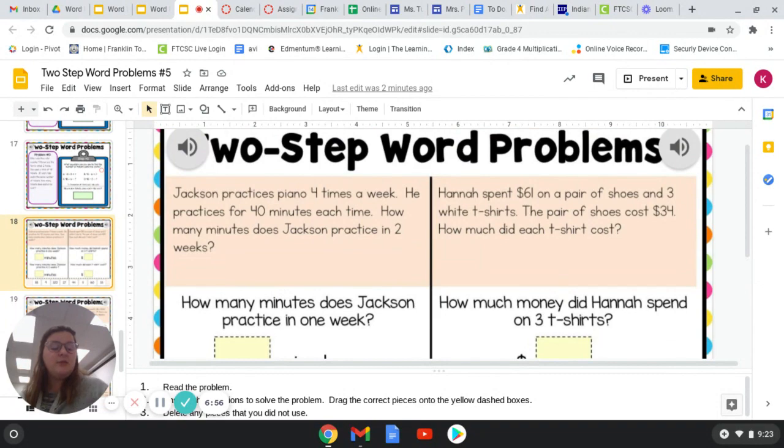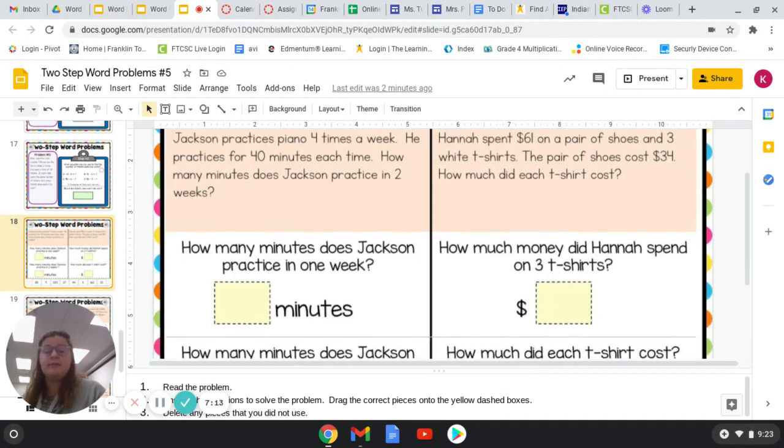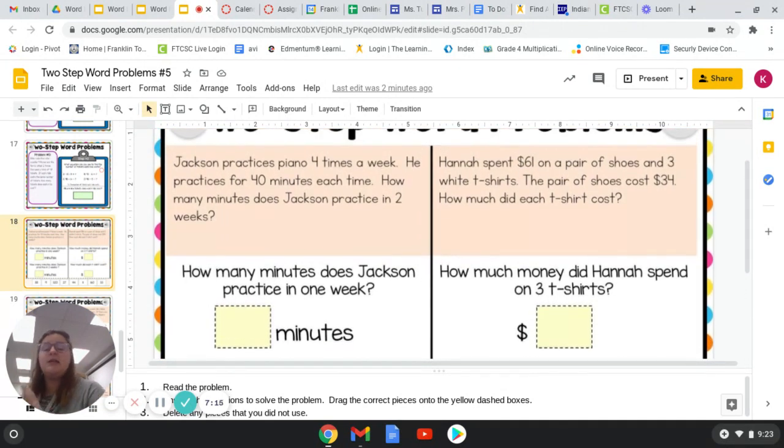This one is telling us that Jackson practices piano 4 times a week. He practices for 40 minutes each time. And it wants to know how many minutes Jackson practices in 2 weeks. The very first thing we need to know is how many minutes Jackson practices in 1 week. I know he practices 4 times a week and that he practices for 40 minutes each time.